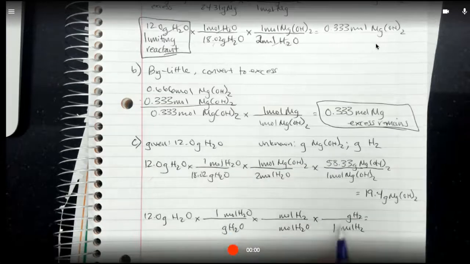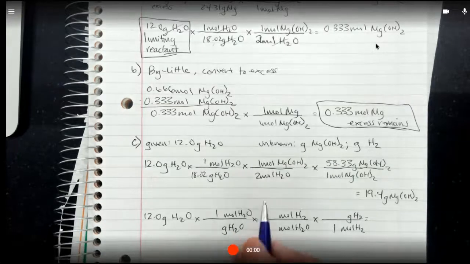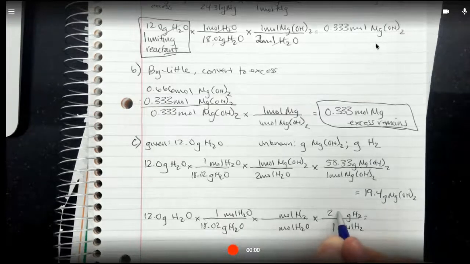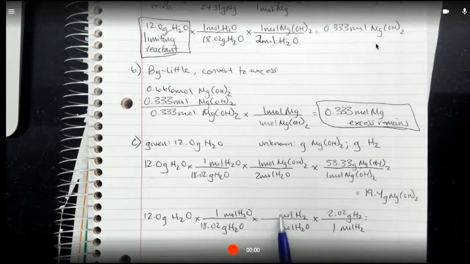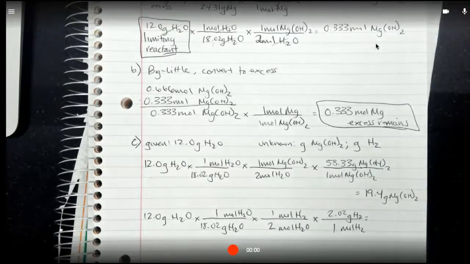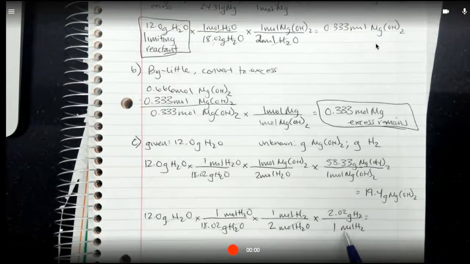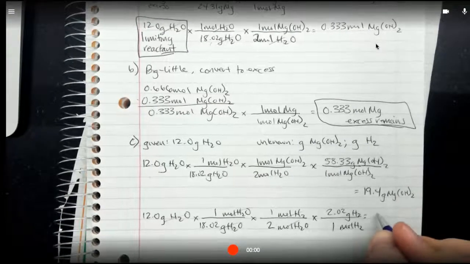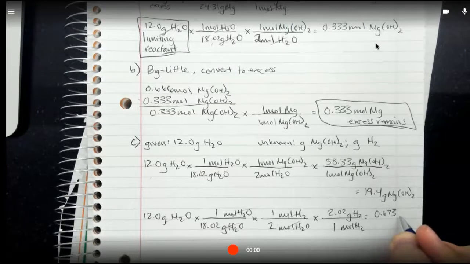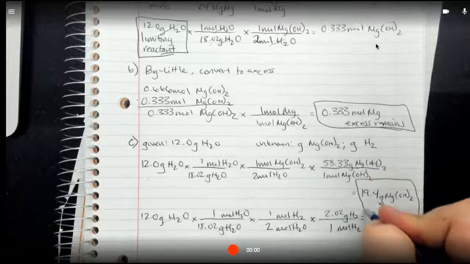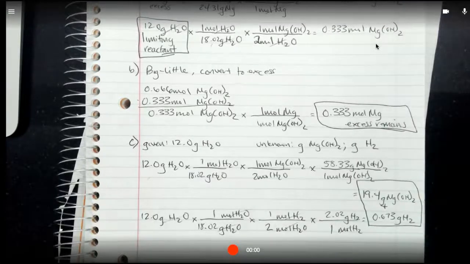When gram and mole are together, gram, you add up the parts from the periodic table. When you have mole over mole, refer to the balanced chemical equation and use the coefficients. Double check to make sure that those units cancel out. Do your math and you get 0.673 grams of H2. So we have two answers because we have two products there.